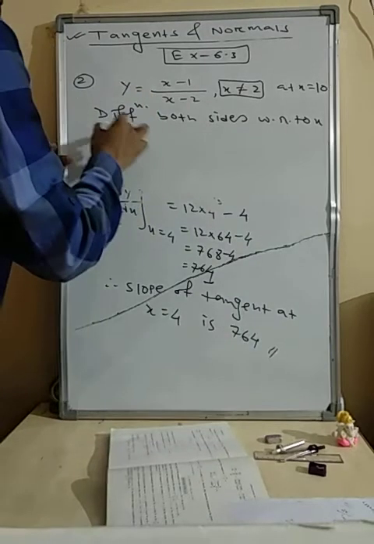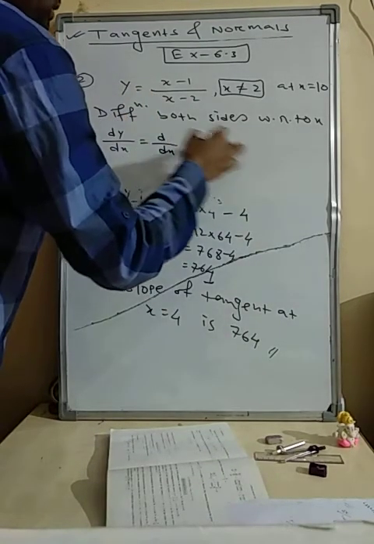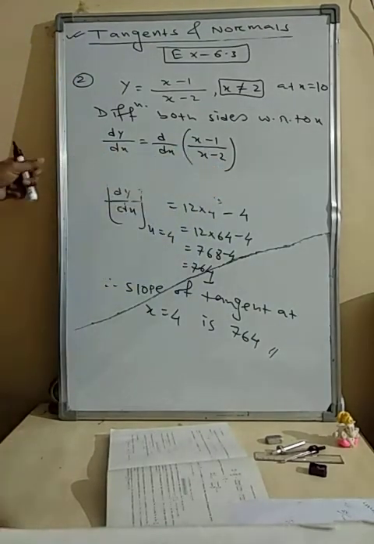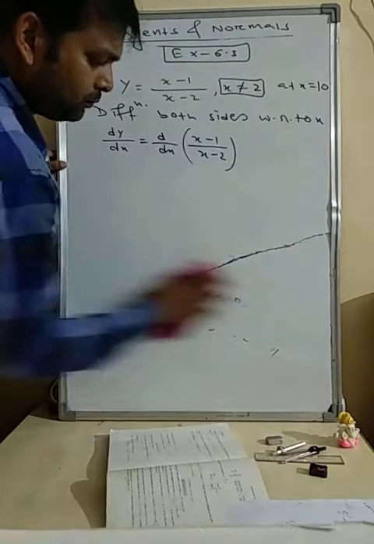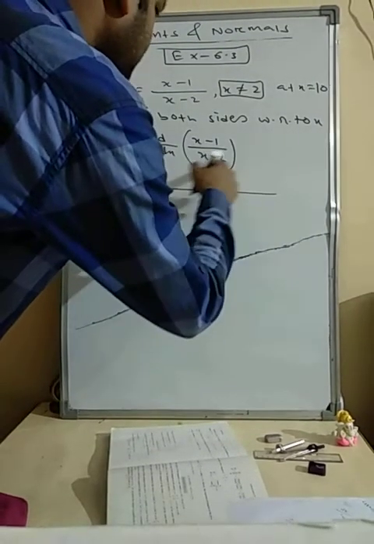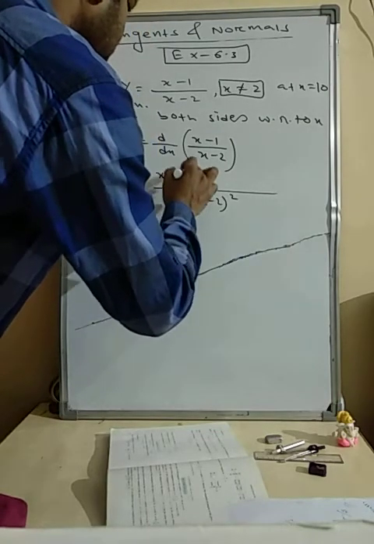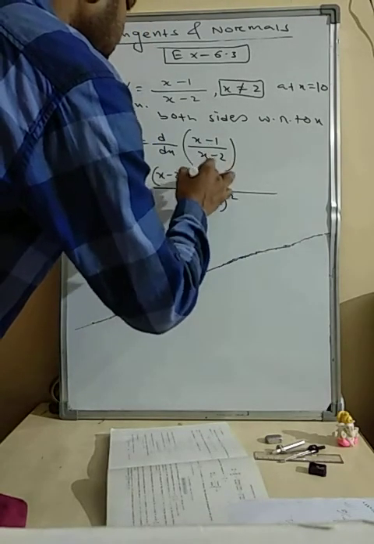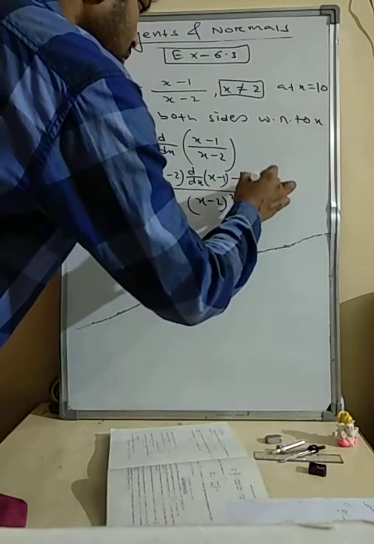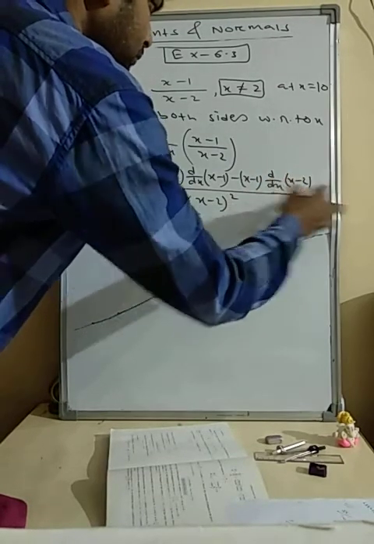So this will be dy/dx, and this side is d/dx of x minus 1 by x minus 2. So here you apply the u by v form. U by v form means here it is v square, x minus 2 whole square. Then v first, d/dx of u, minus u, then d/dx of v, meaning x minus 2.